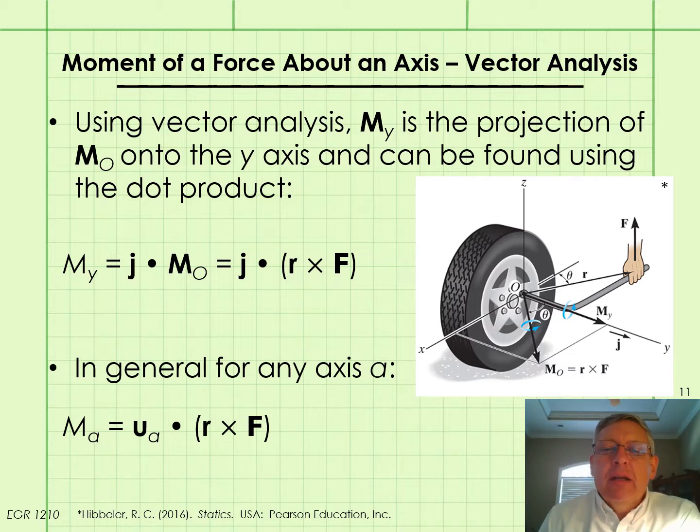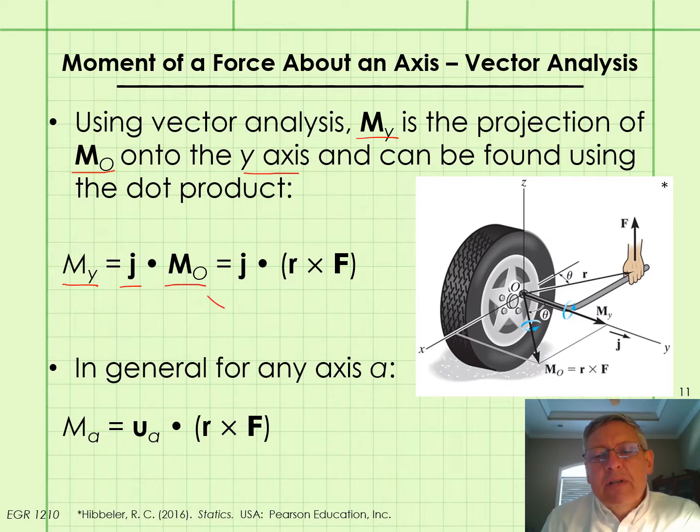We can see that the moment about the y-axis is the projection of M sub O onto the y-axis, and we can now use what we learned about the dot product to calculate the magnitude of the moment about the y-axis. So we find that magnitude by taking a unit vector along the y-axis, which is j, and dotting that with M sub O.